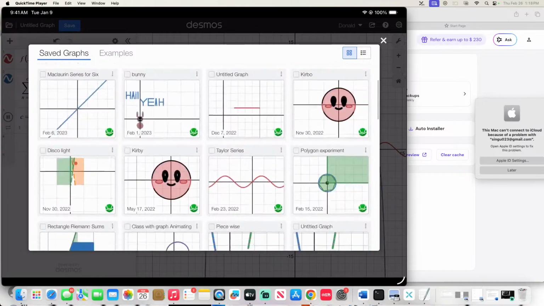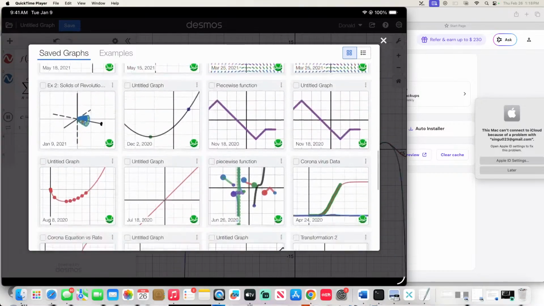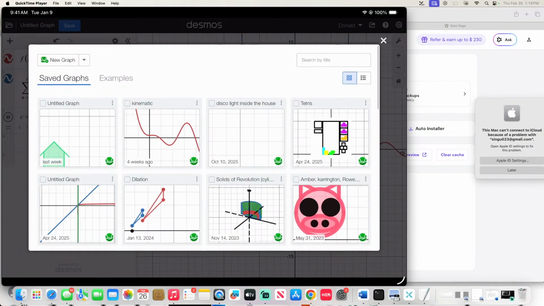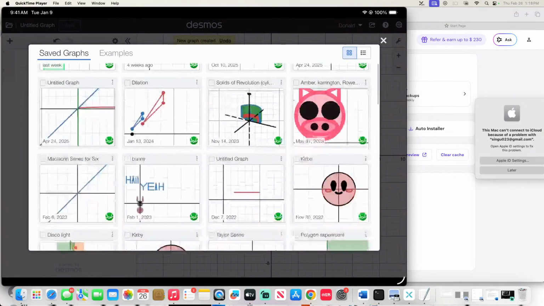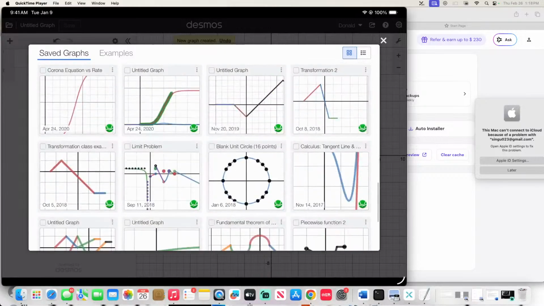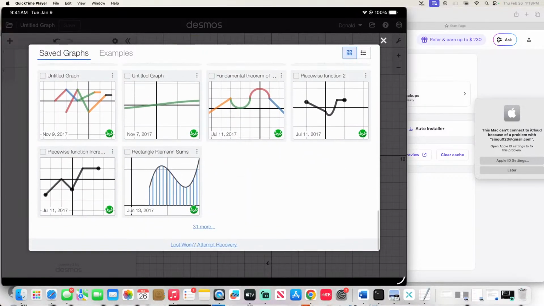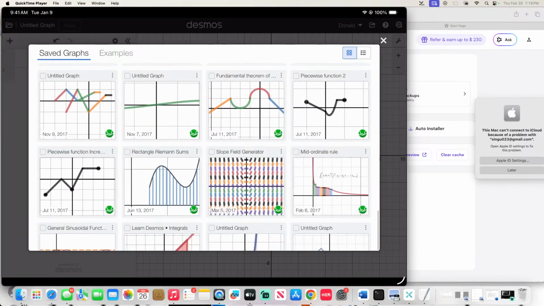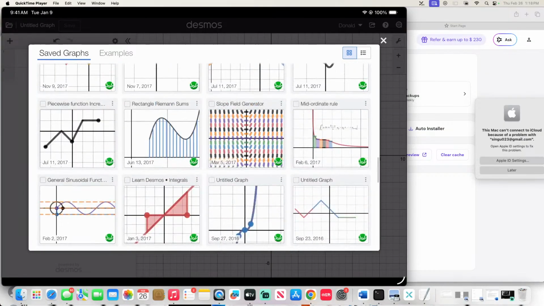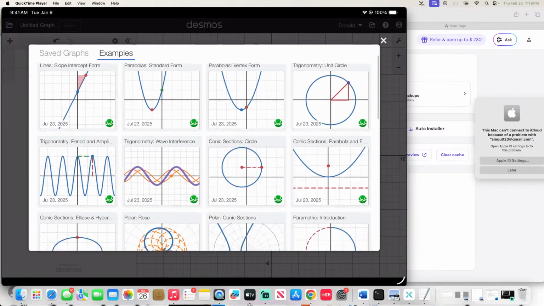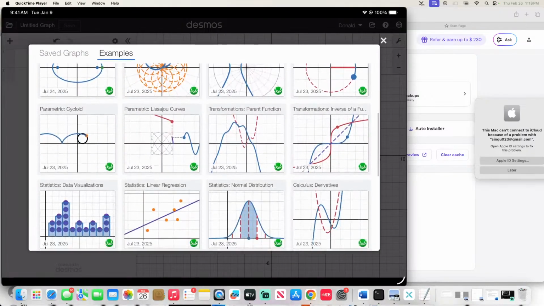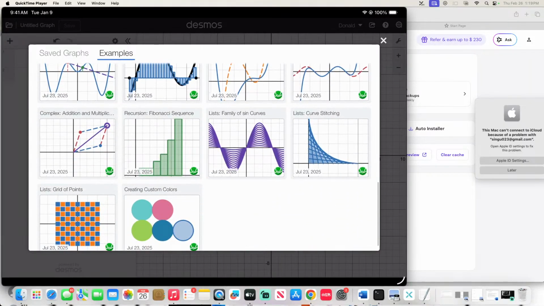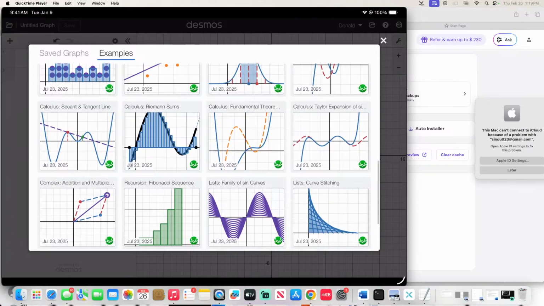I think there's a Taylor series. You have to go to example. Save graph, those are your saved ones. I don't know where I put it. It's in the examples. Lower, lower. Yeah, there you go. Calculus Taylor.